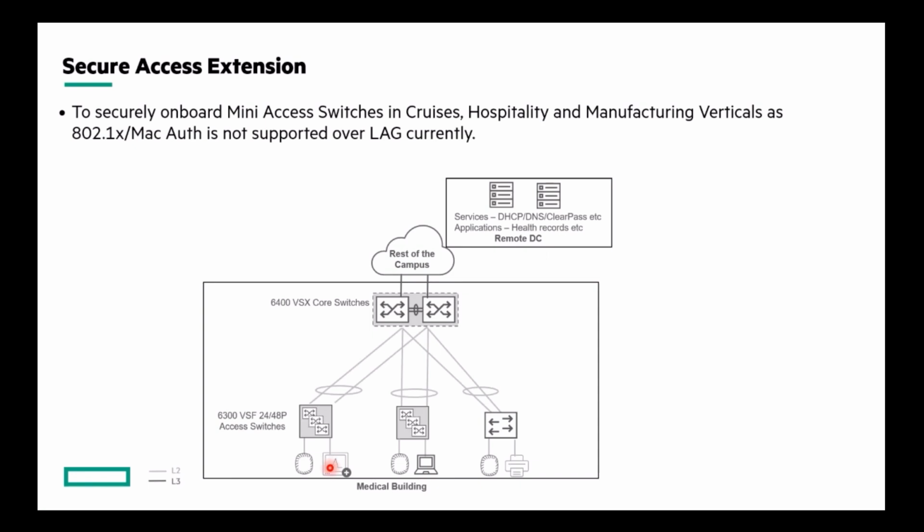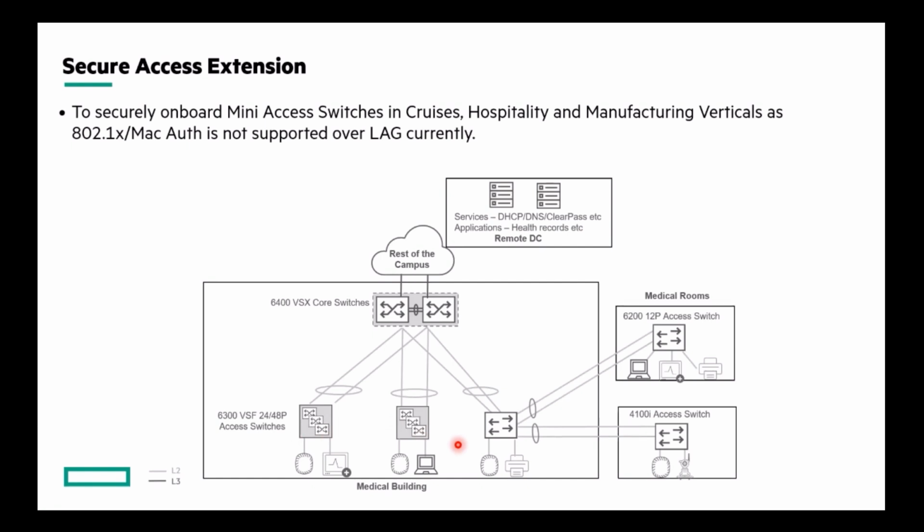We have the 6300 VSF 24 or 48 port access switches connected over the access layer to the 6400 VSX core switches. In a medical building, they will have a lot of end devices connected to these 24 and 48 port access switches. Apart from the main building, they will have other medical rooms, or in the case of a manufacturing vertical, they will have industrial switches placed in outside environments.